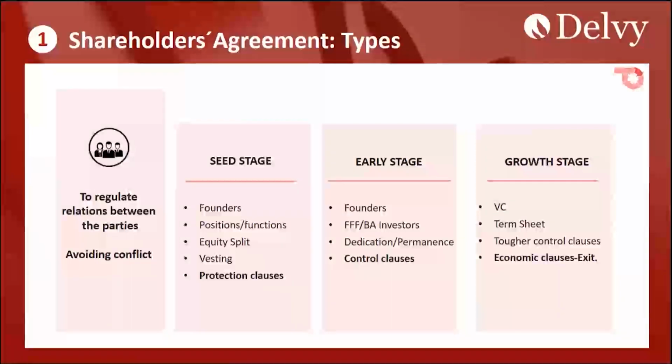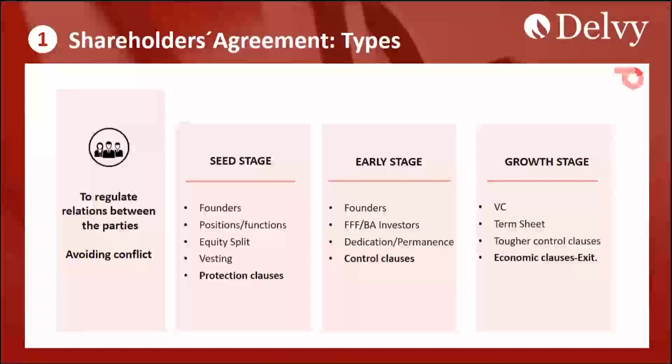So talking about the shareholders agreement is a very important thing when discussing investment funding and investment rounds, because basically it will all conclude in this type of document. We are always asked by founders and entrepreneurs about how to regulate their shareholders agreement, and we always explain to them that it depends on the stage in which the company is, right?